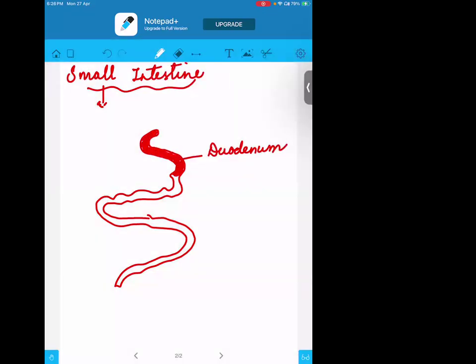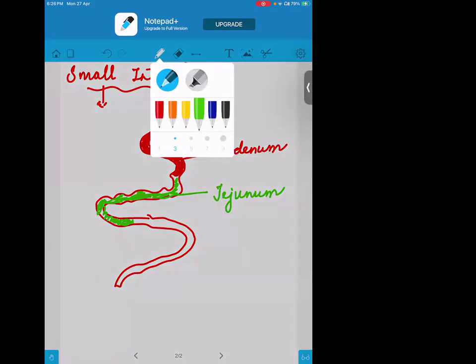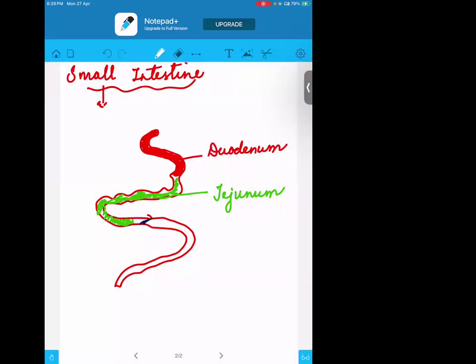The center part, which I am shading with green, is the jejunum, and the last part, which I am shading with blue, is the ileum.